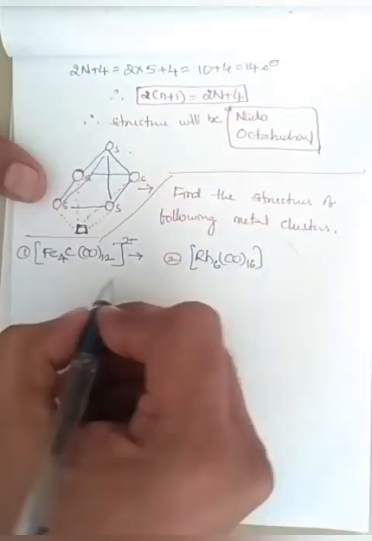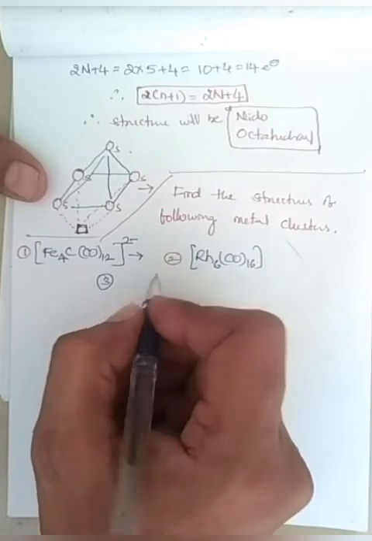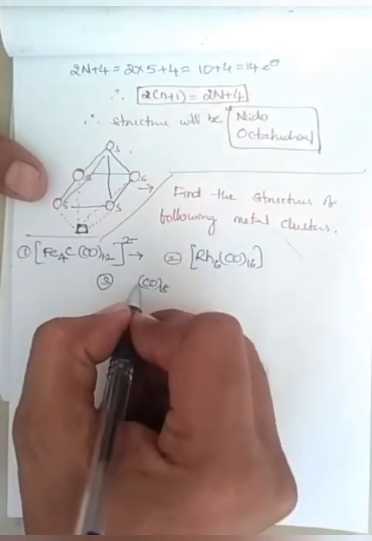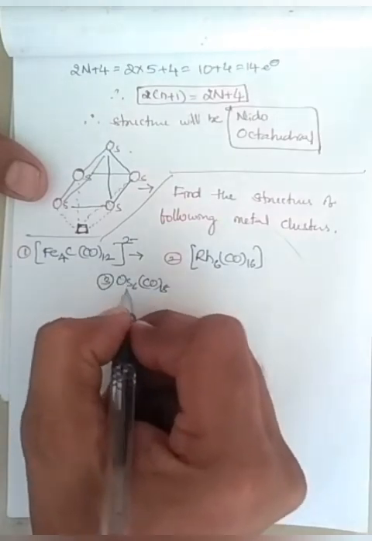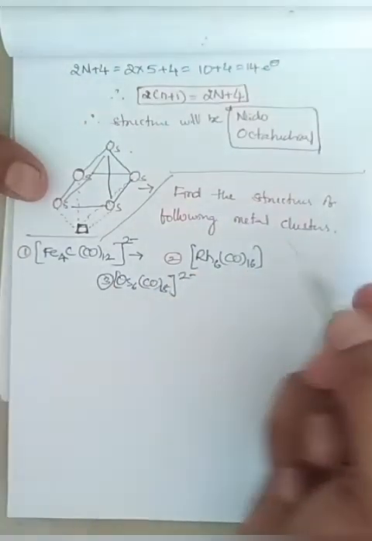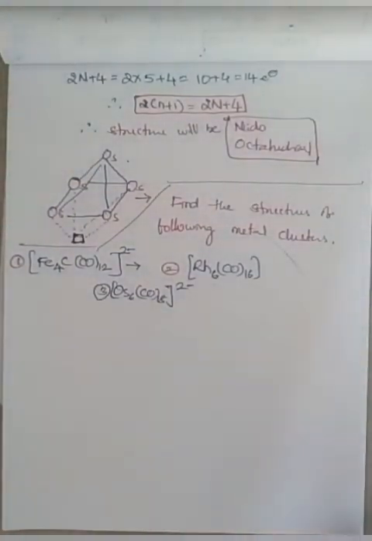And one more example also I will give you. Third one, 18 carbonyl 6 osmium cluster with a charge of -2. You calculate these three and give your answers as YouTube comments, or you can give your answers in the WhatsApp group.